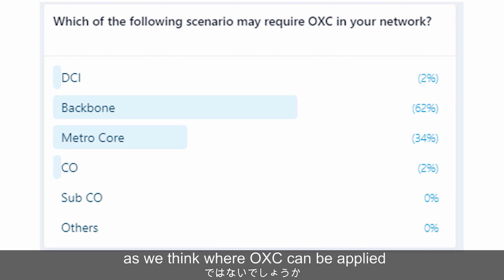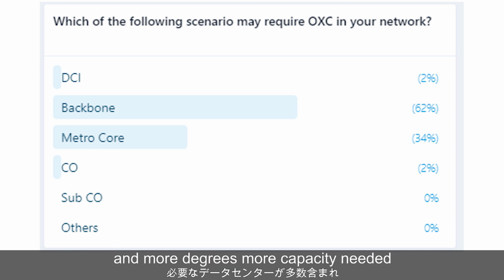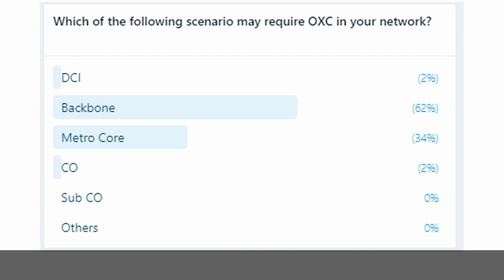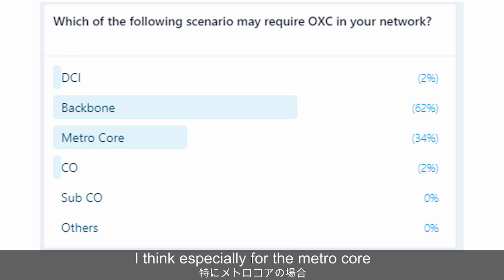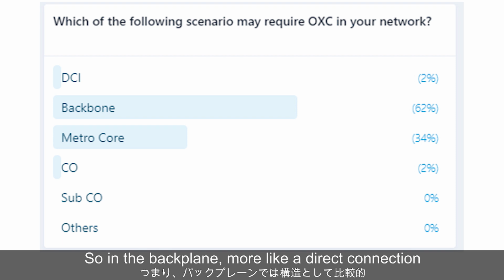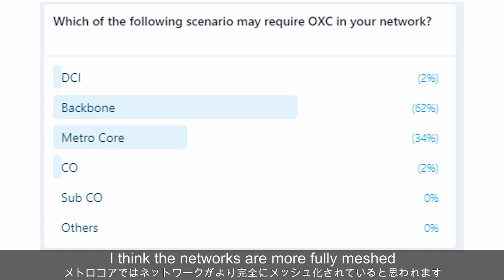In the backplane and the metro core, there are a lot of data centers, and more degrees and more capacity are needed in these two kinds of network. Especially for the metro core, the degree requirement is higher than in the backplane. In the backplane, it is more like direct connection, but in the metro core, the network is more fully meshed.